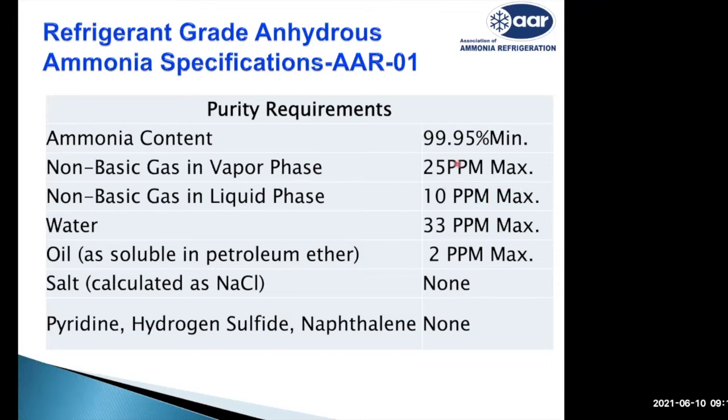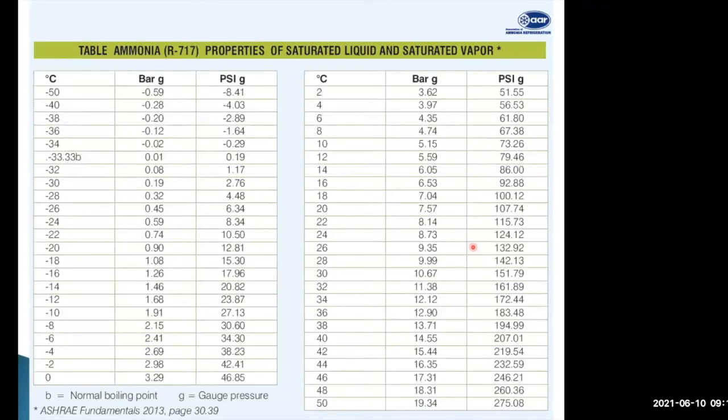We talk about 99.95% pure ammonia, which gives us the pressure temperature charts, which are considered to be the backbone of total refrigeration. So it means that when I want to achieve a minus 40 degrees centigrade temperature, at a gauge pressure of say minus 0.28 bar or minus 4 psi, it clearly indicates that my ammonia will give me minus 40 if it is 99.95% pure.